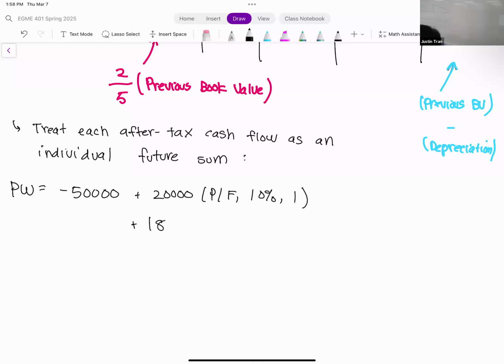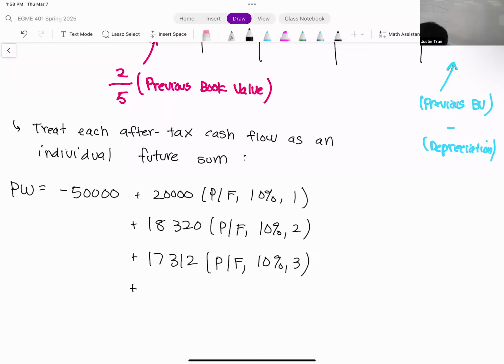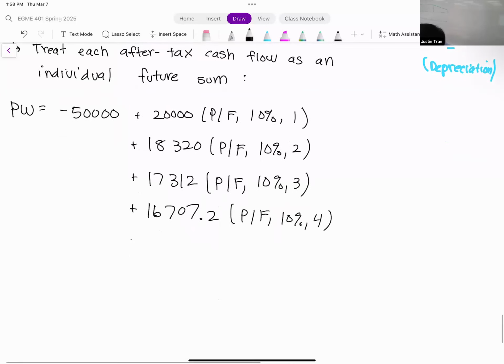Year 2, we have 18,320 P over F, 10%, 2, plus 17,312 P over F, 10%, 3, plus 16,707.2 P over F, 10%, 4, plus 24,244.32 P over F, 10%, 5.